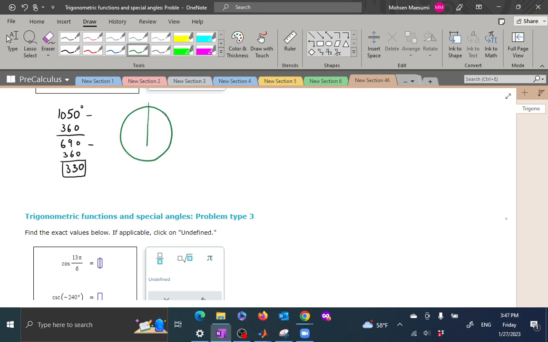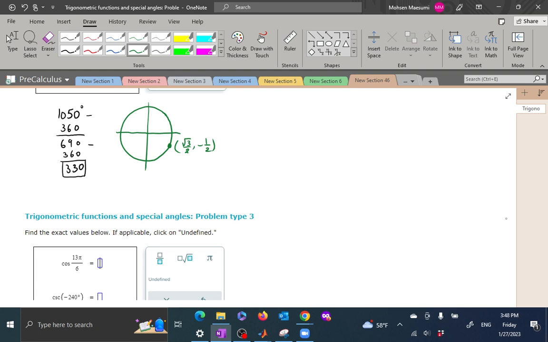If you have it memorized, I've written it. At 330, you are at the location which is radical 3 over 2 and minus 1/2.